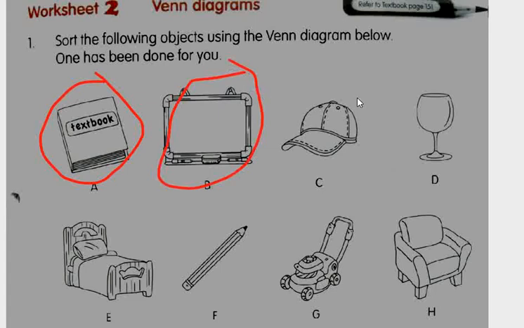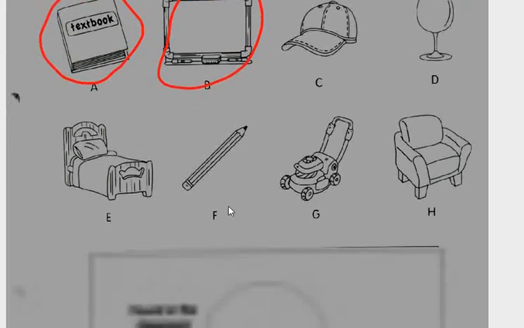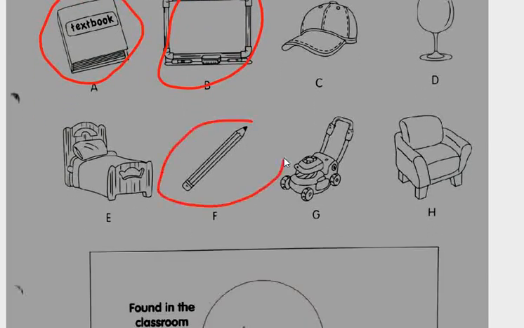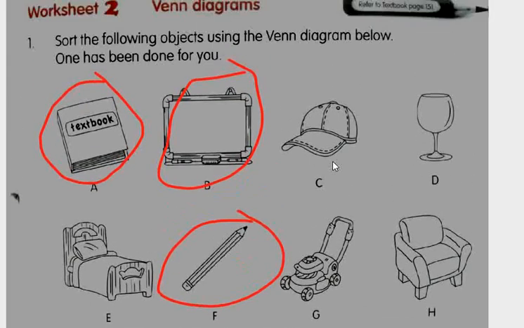How about hat? No, right? Glass? No. Bed? No. Pencil? Yeah, it is found in the classroom. How about the lawn mower? No. Sofa? Also no. So we have 3 things here that are found in the classroom.